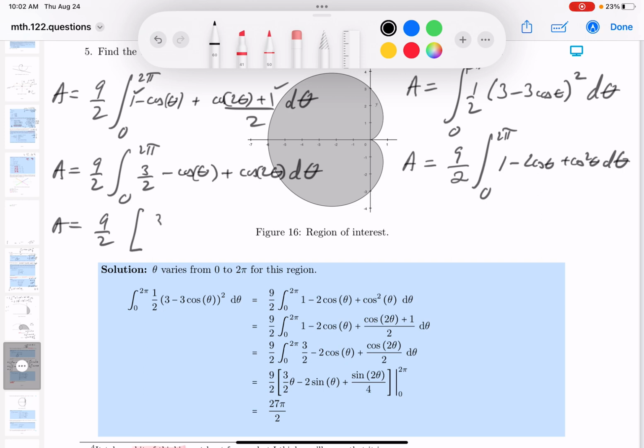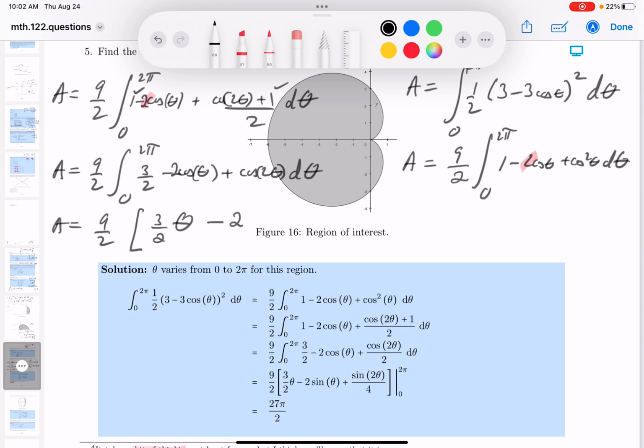I'm going to get 3 over 2 theta minus, let's see, I'll be careful here. Oh, you know what? I made a mistake somewhere. I copied wrong, and I just noticed it. This should be a 2. So it's going to be 2.